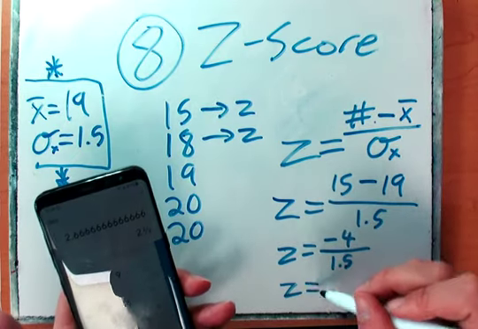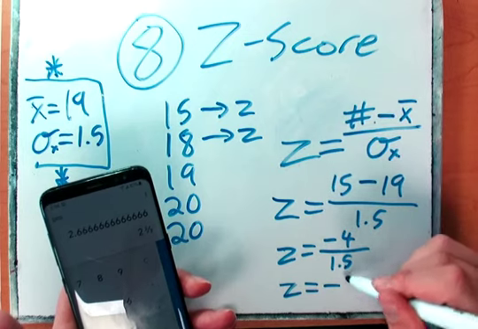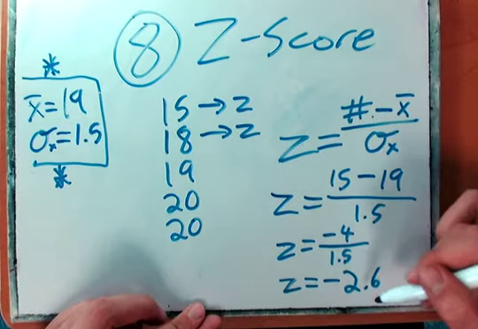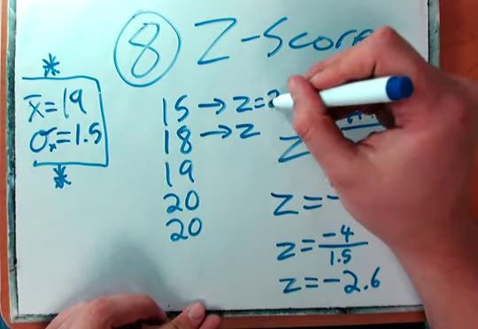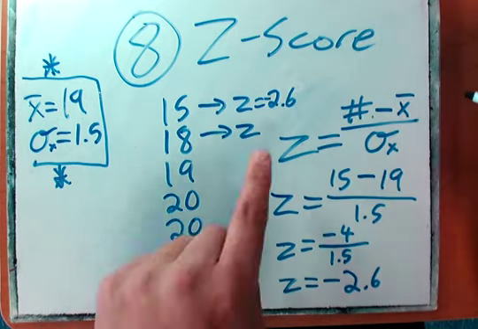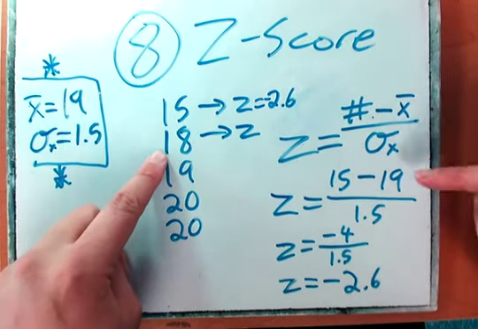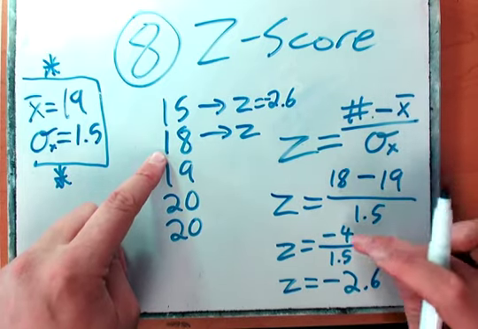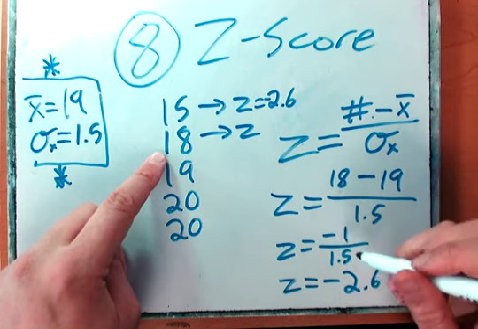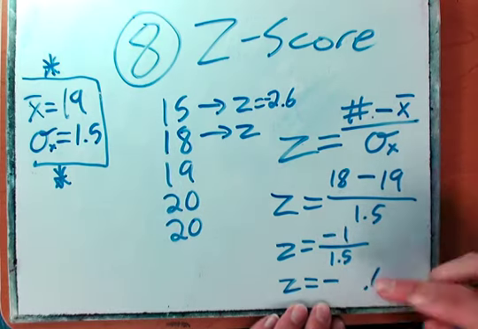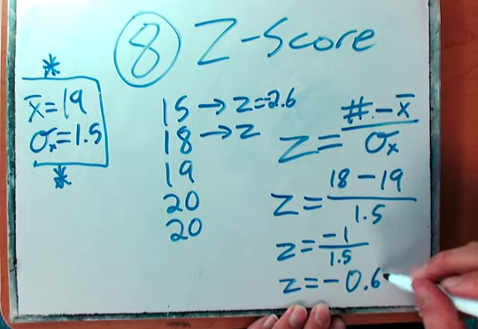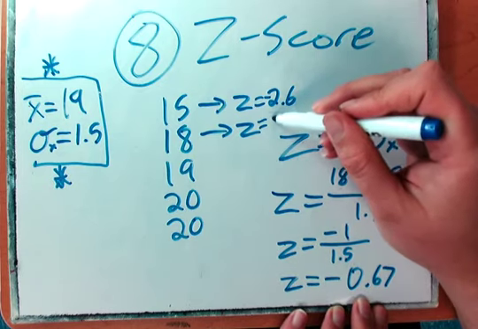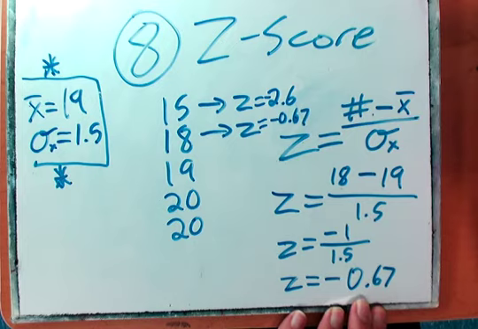So the z-score is negative, don't forget that negative, 2.6. So negative 2.6 is the z-score for this. We could do the same for 18. How would we switch that? Well, this would turn into an 18. This would now turn into -1. And this would turn into -0.67.